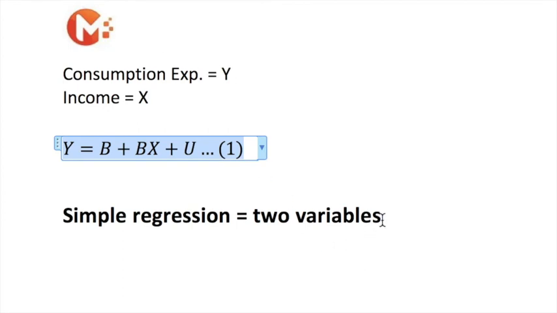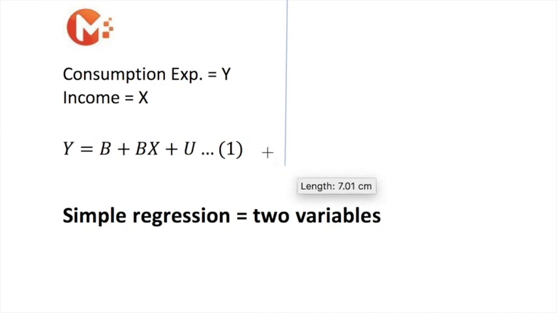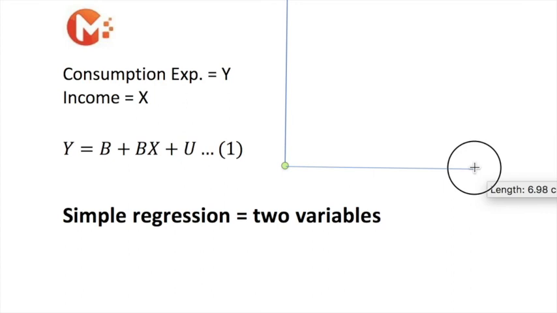We have a graph here, and we decide to plot income against expenditure. We would realize that this will be the pattern of the distribution most of the time.